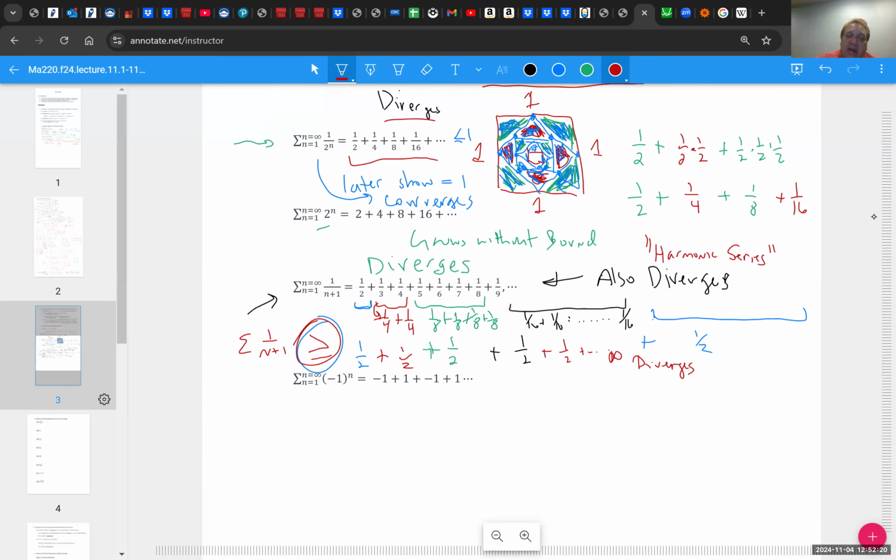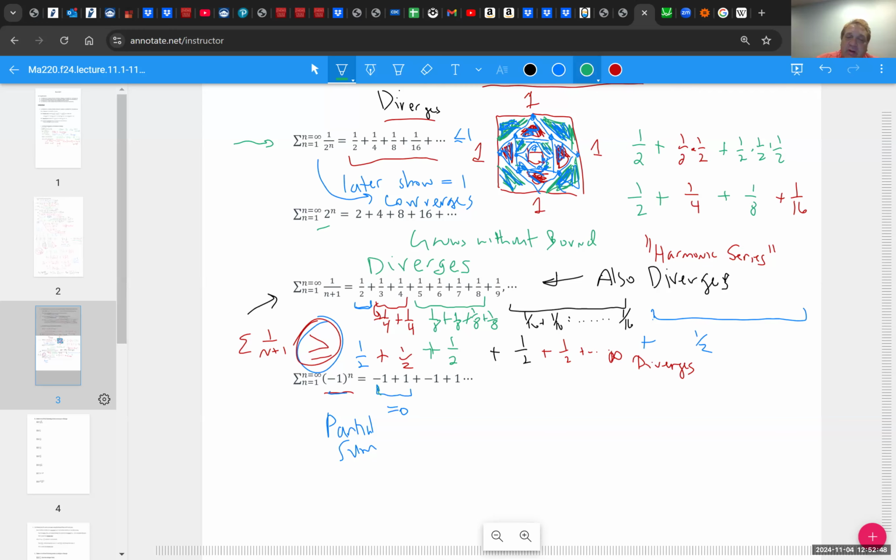We have -1 to the n, which we have talked about several times before. -1 to the n, if n is an odd number, you get -1. If n is an even number, you get +1. So you get -1 plus +1 plus -1 plus +1, etc. So if we look at the partial sums, in other words, if we start summing, the first two numbers summed together is equal to 0.